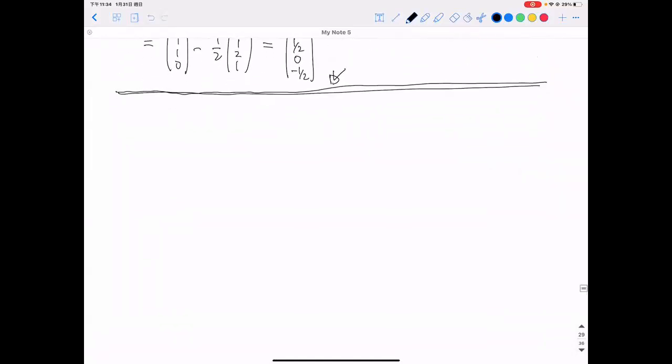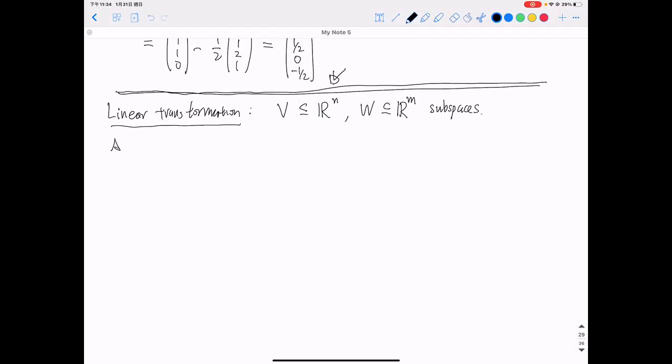Okay, so now we're going to move on to consider the next topic, the notion of linear transformation. Let's consider the definition right away. So suppose V is a subspace of Rn and W is a subspace of Rm.